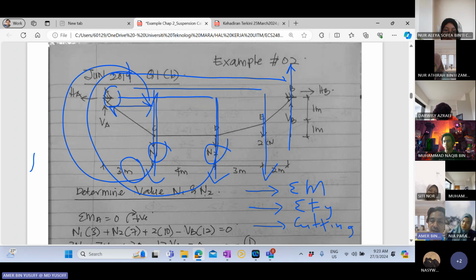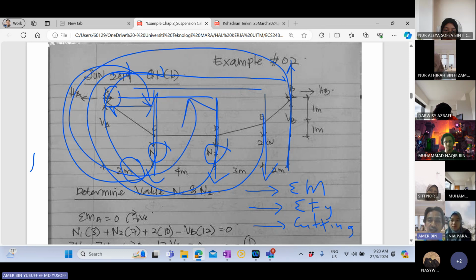Compared to VB, an upward force, moment at A is an anti-clockwise moment. So when anti-clockwise moment, that's why VB is negative.